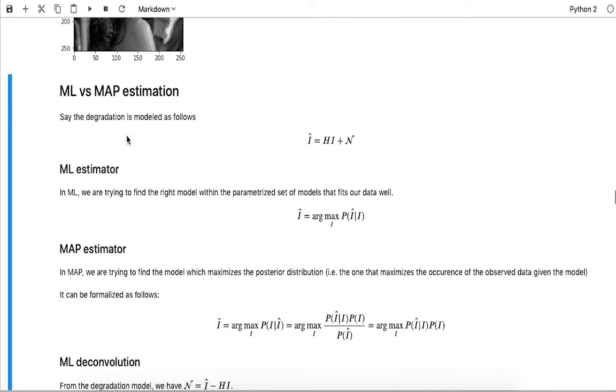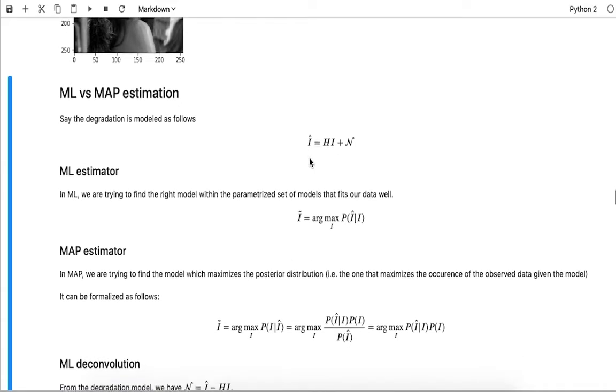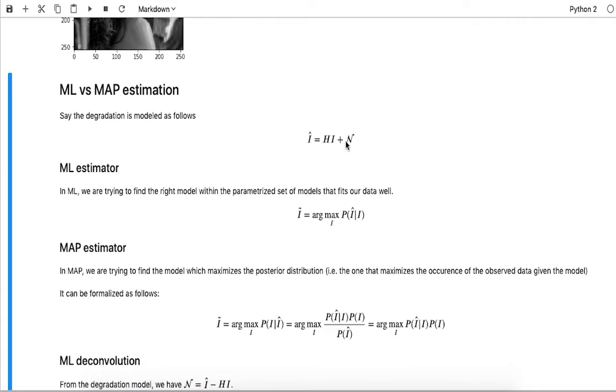Now we'll look at what is the notion of maximum likelihood versus MAP estimation. Okay, let's say my degradation is modeled like this. H is my blur kernel, and N is my noise.